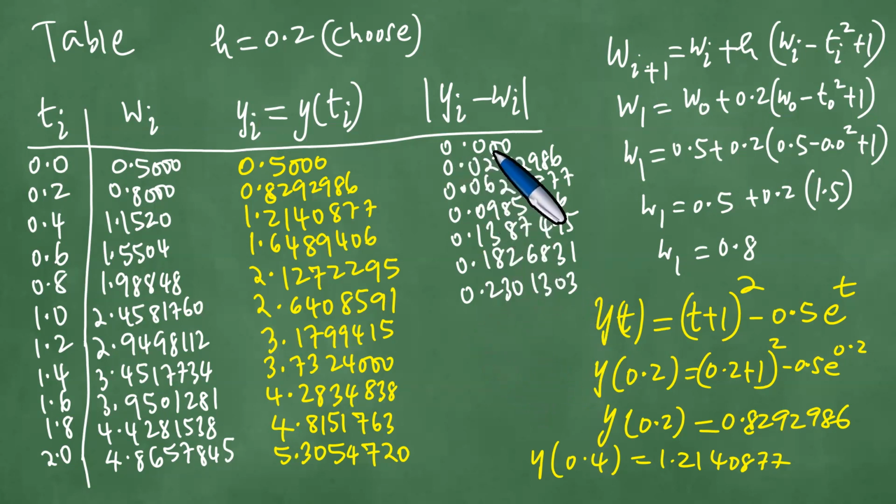Let me just check: 0.00 and then 29 here, and then 0.062, and then 0.98, and then 0.13, 0.182, 0.2, 0.280, 62, 66, 0.333.